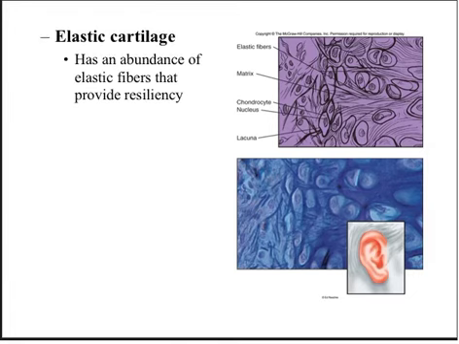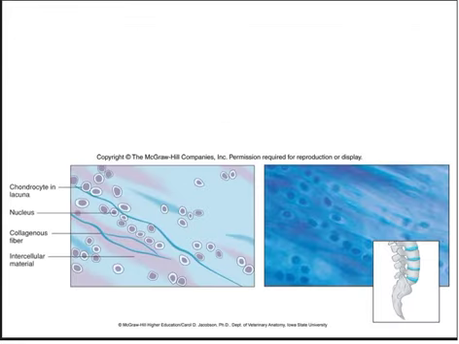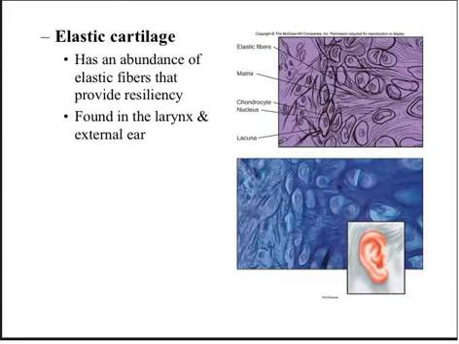Elastic cartilage has an abundance of elastic fibers that provide stretchability and resiliency. We find this in the larynx and in the external ear. You can, for instance, grab your ear and pull on it and it'll snap back into place. The larynx is the same way. The epiglottis is an example of a structure in the larynx that closes when we swallow so we don't get food and water down into the lungs, and it is made of elastic cartilage.